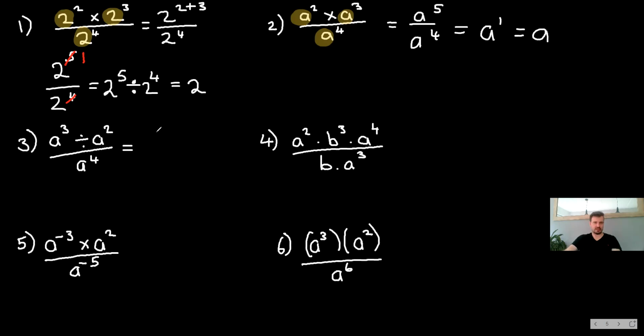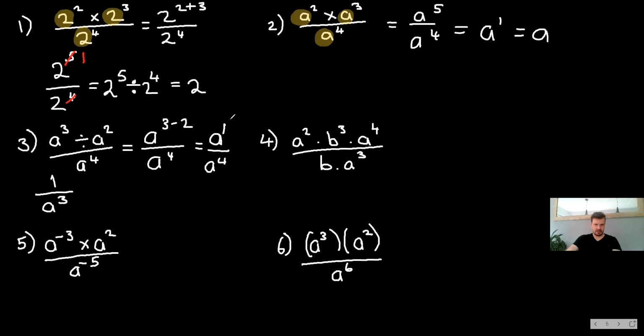Here we subtract. So we have A to the 3 minus 2 over A to the 4. So we have A, 3 minus 2 is 1, over A to the 4. Now this, we can think of as we're going to have 3 left at the bottom, because if you have 1 here, 4 minus 1 is 3. So this A, there'll be a 1 replacing it here because essentially I need 3 A's at the bottom.